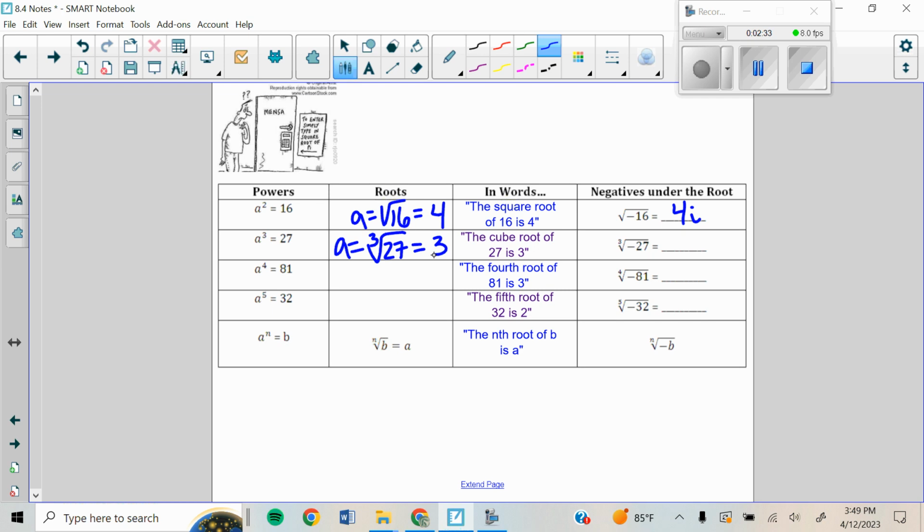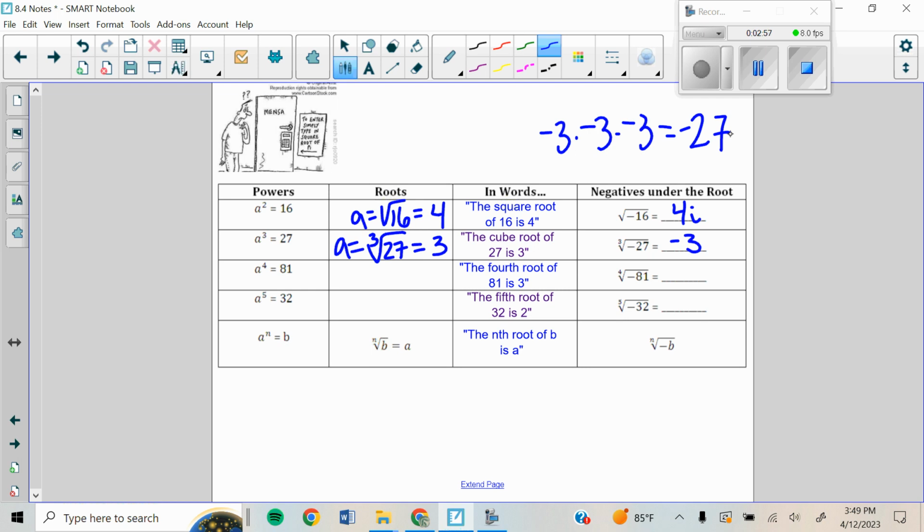Make sure you're using the negative button, not the minus button. All right, you should find that you get negative 3, which makes sense. If I take negative 3 times negative 3 times negative 3, that is negative 27. Now, when I'm taking the cube root of something, I'm looking for what's a number times itself 3 times that will give me what's underneath there.